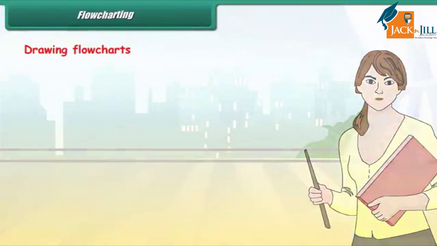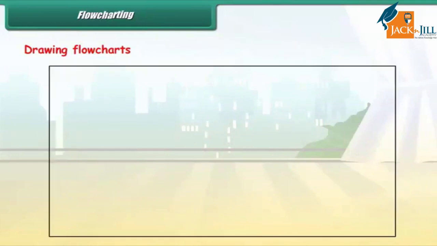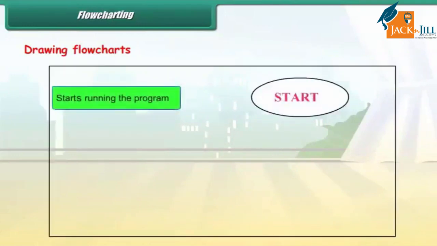Example 2. Flowchart for a program that asks for user's name and address and prints the same. Starts running the program.